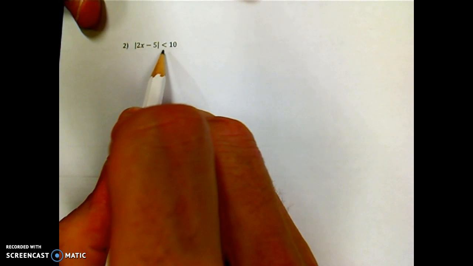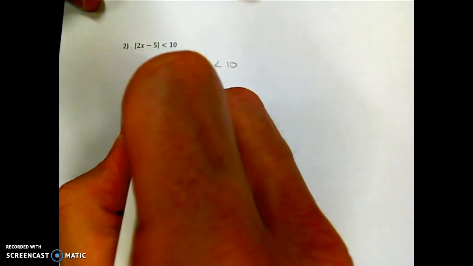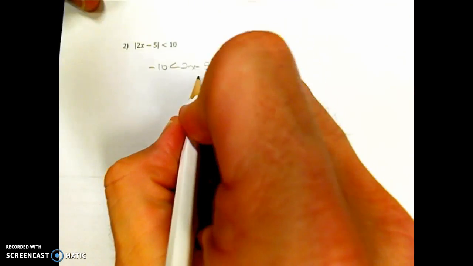If you'd like, you could pause the video and take a moment to try to set up number 2 on your own, and then check your work with me. Again, this is a less than absolute value inequality, so we know that this is going to be an and. 2x minus 5, a strict inequality, less than positive 10 and greater than negative 10.